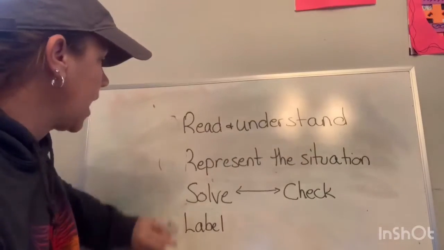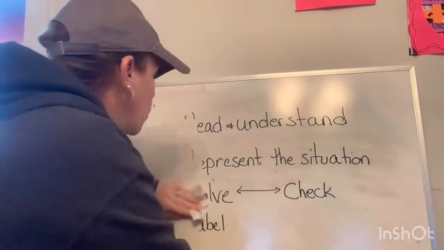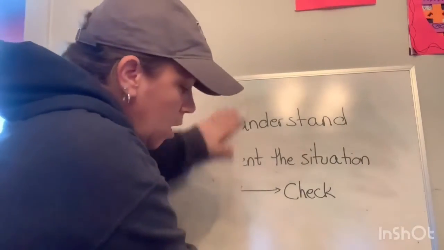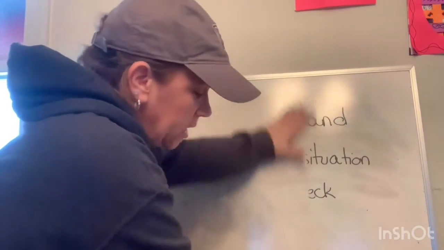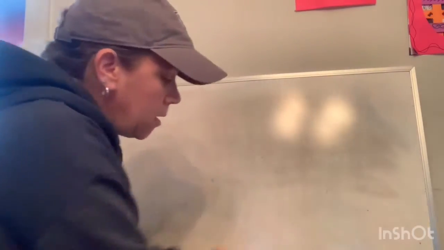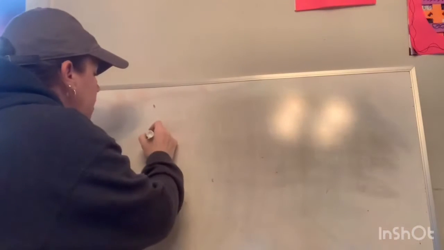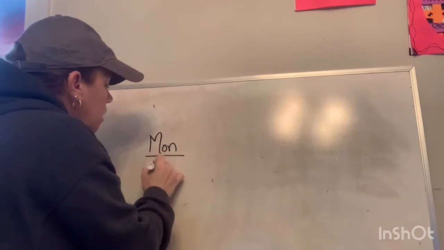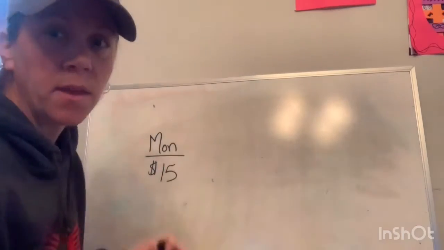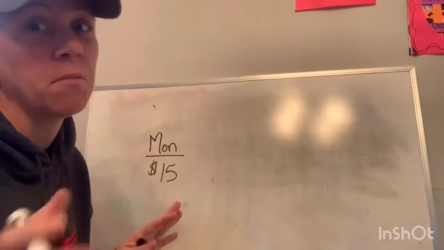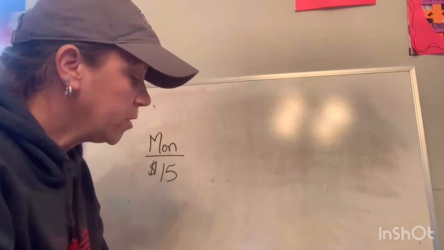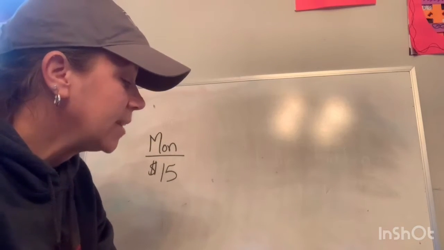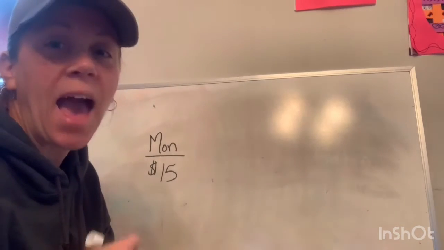So let's read it again. And this time we're going to start to pull out the numbers. So Jamal earns $15 raking leaves on Monday. So on Monday, he earns $15. So I'm making their table, I'm just making it a little bit differently for time's sake. On Tuesday, he earns $8 each day after that.